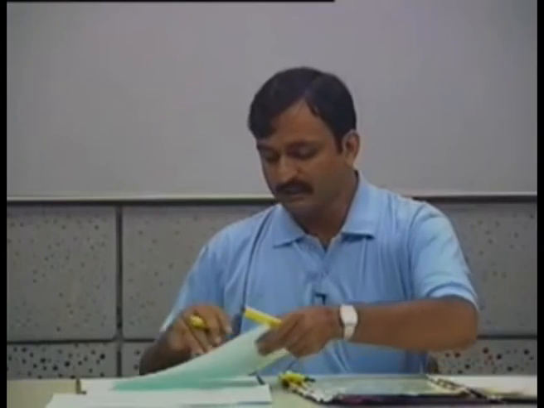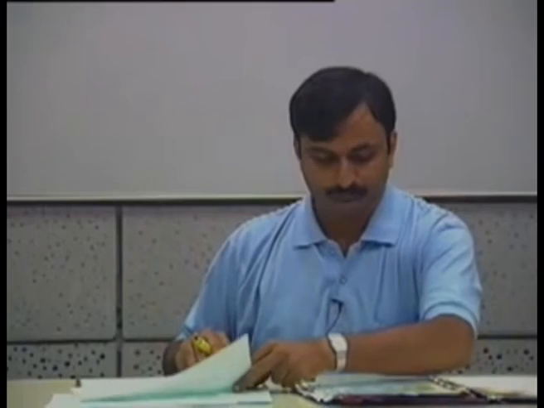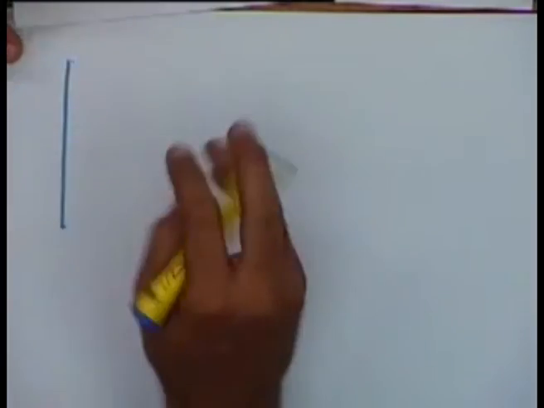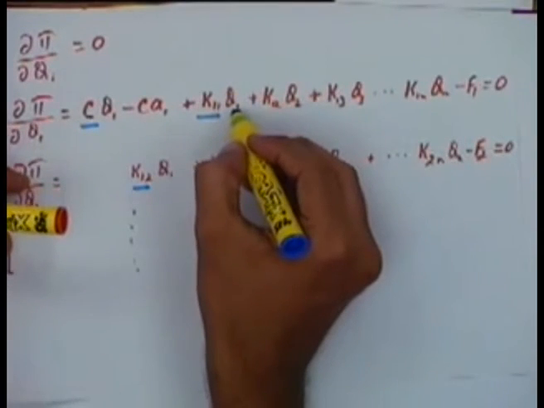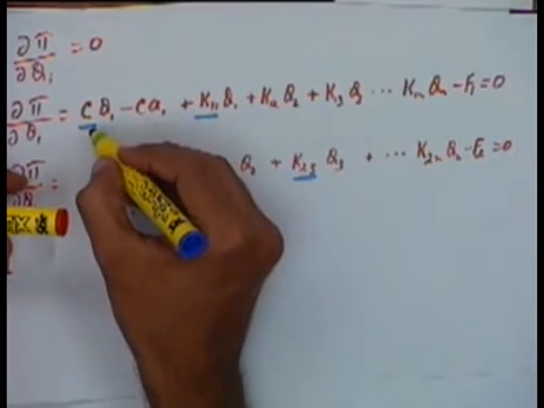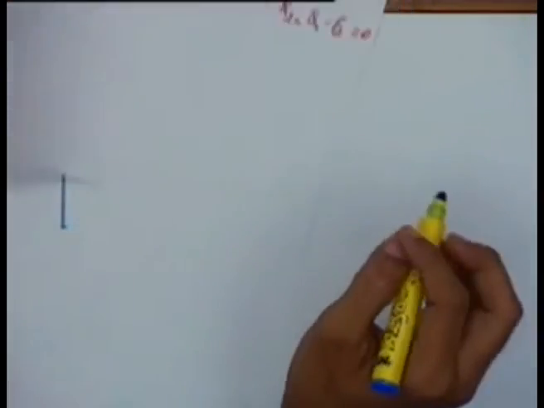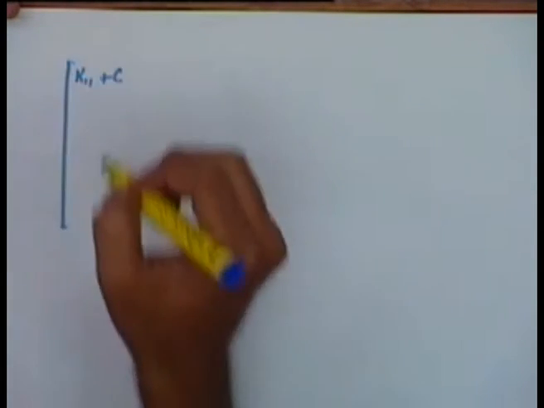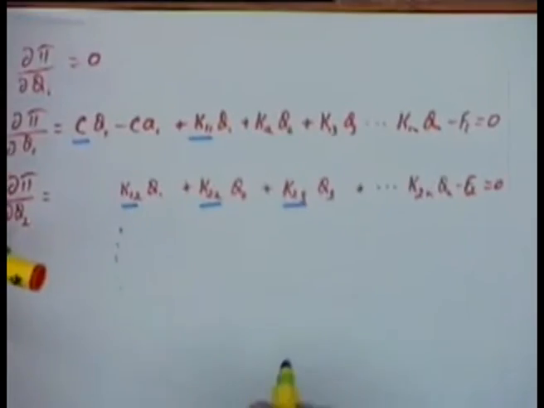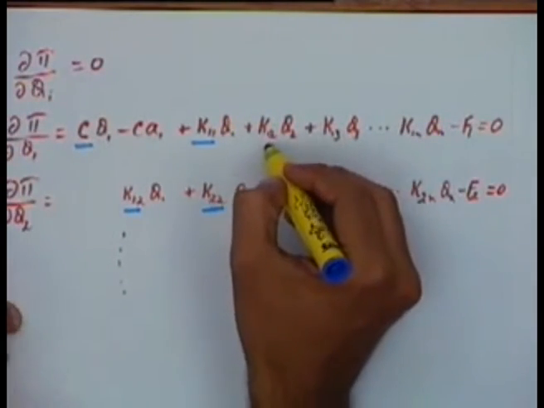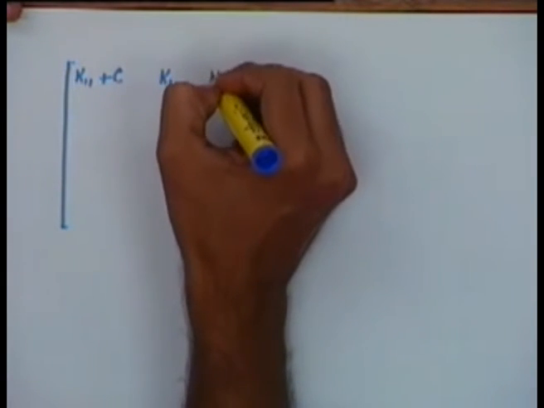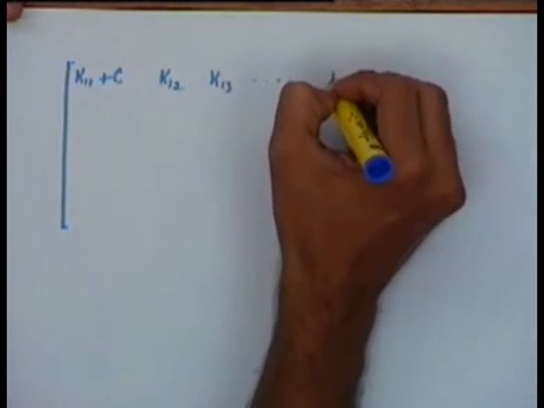So when I write it in the matrix form, the coefficient of q1 is k11 plus c, so the first term here will become k11 plus c. The coefficient of q2 is k12. The other terms will remain the same, k12, k13, so on till k1n.